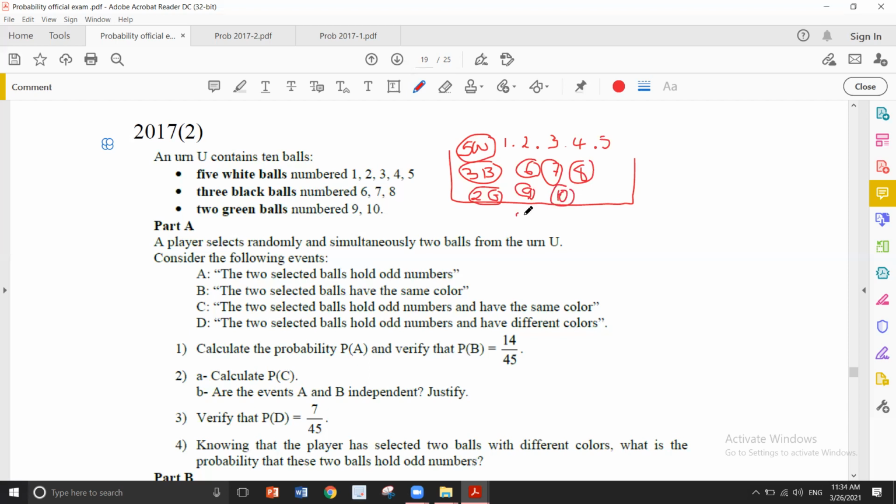So the urn contains a total of 10 balls. This given is translated into this urn.